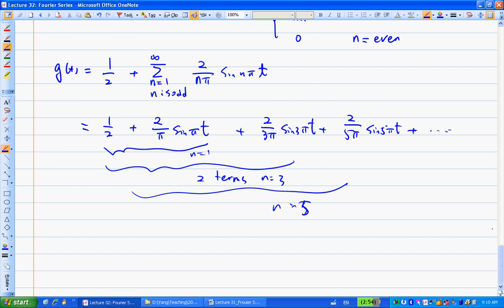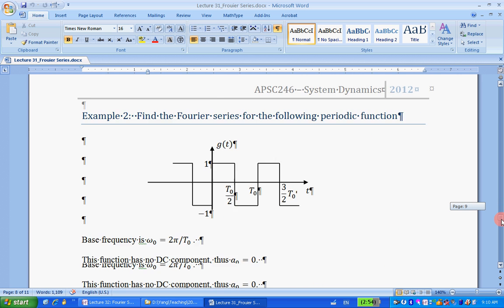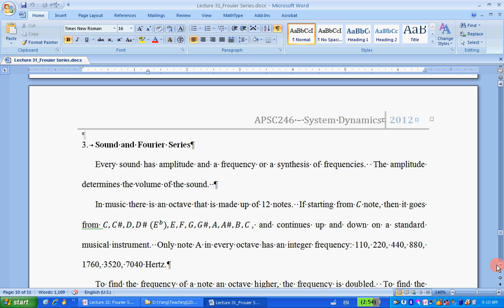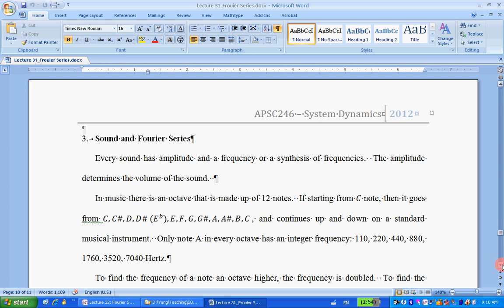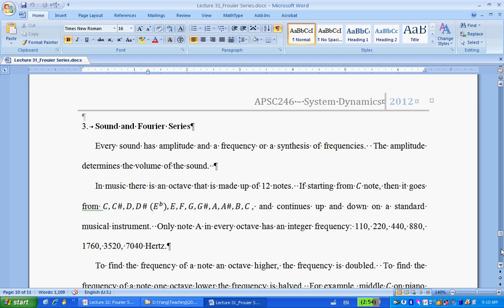I'll maybe just talk about it a little here. Let's say a lot of you probably play piano or some other instruments. When you play piano, you have one octave, starting with the C note and going up one octave. Between this one octave, there are 12 notes, or 12 half steps, as we call them.